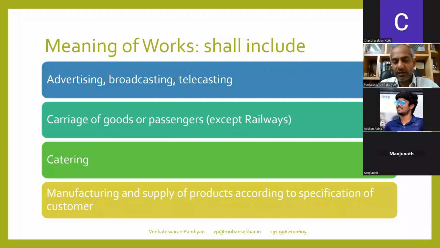And the other example is manufacturing or supply of products according to the specification of the customer. So I am a customer, I engage a contractor and say that you will have to manufacture a particular good according to the specification that I give.